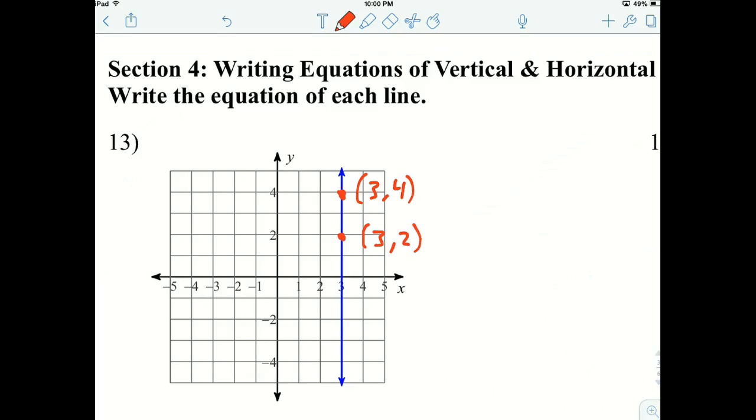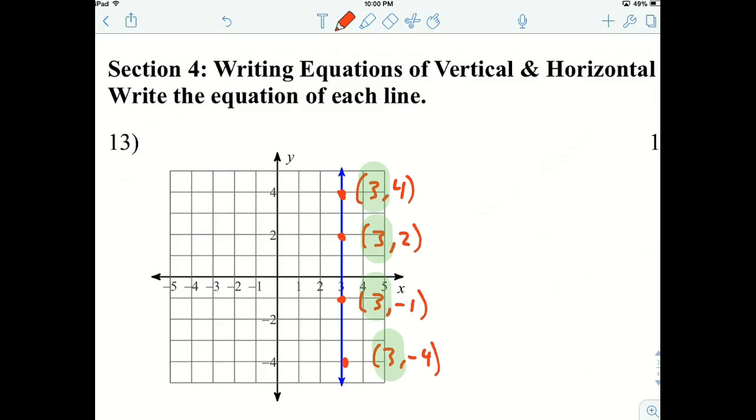Another point is 3 over and 1 down. And yet another point is 3 over and 4 down. A lot of things are changing on each of these points, but one thing remains the same. You'll notice that the x value is always 3. On this line, the x value is always 3.